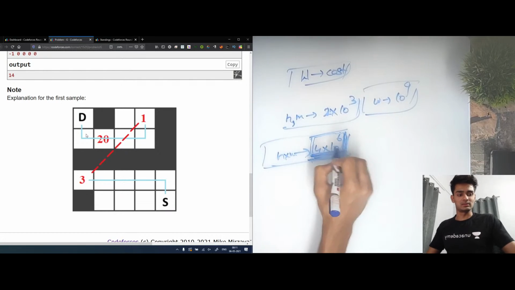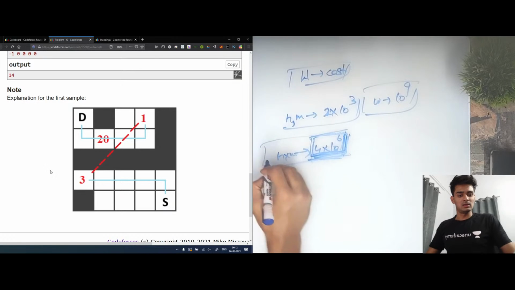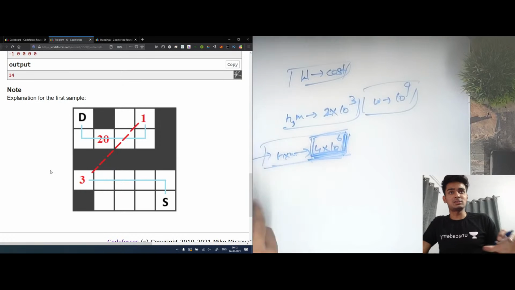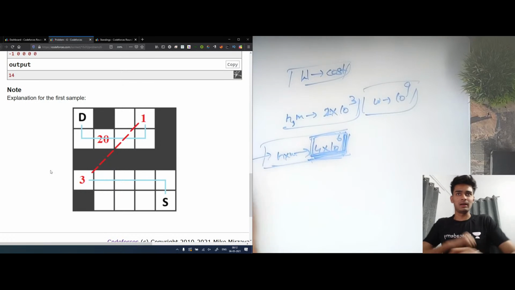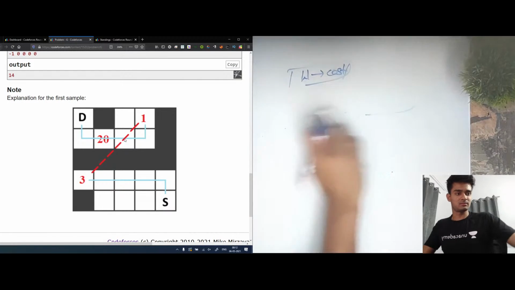So a very basic approach would be to make all the edges. Let me just draw this particular example.